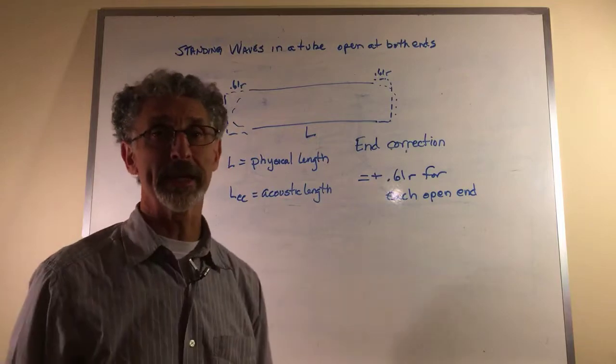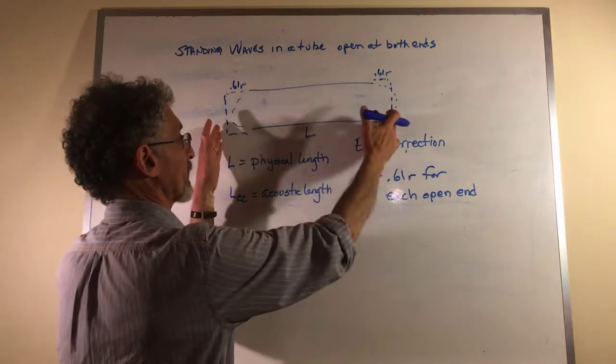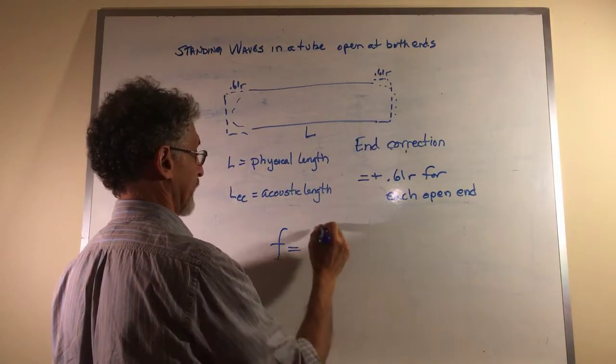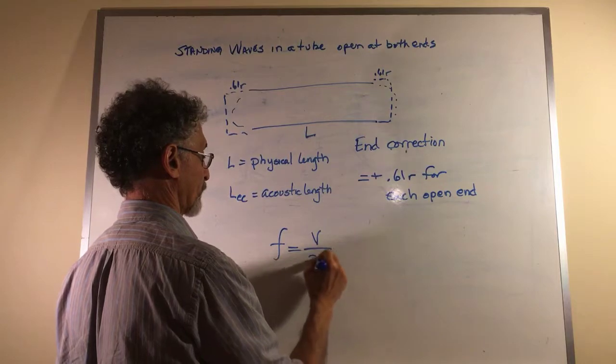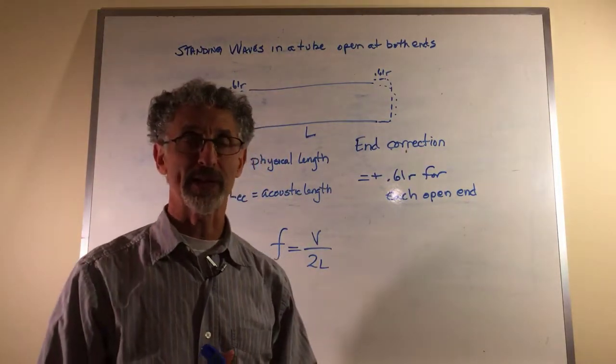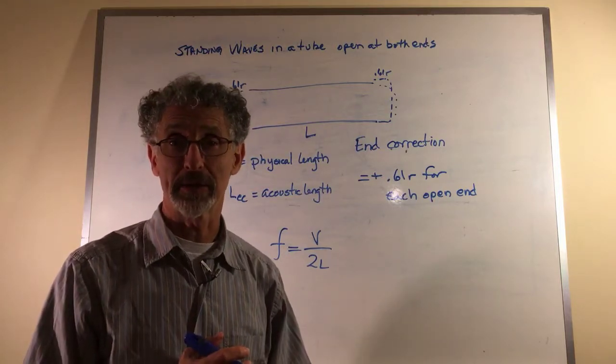So what does this mean? If the physical length is L, but the acoustic length is this, and we know that frequency equals v over 2L, if we account for the acoustic length, which is what is actually happening, what is going to happen to the frequency?